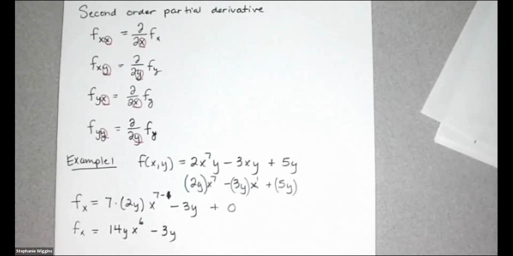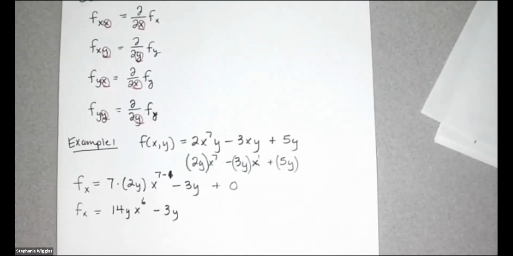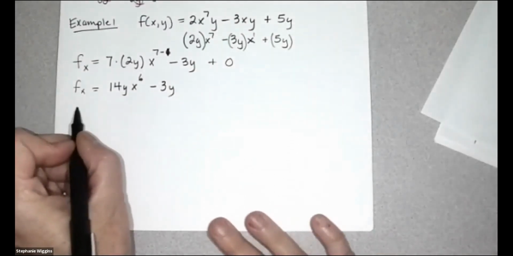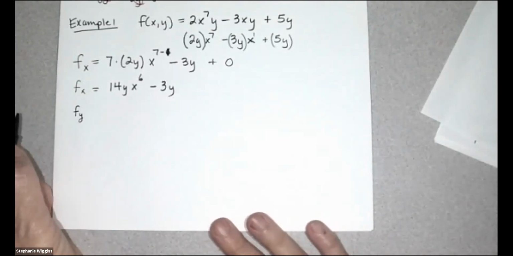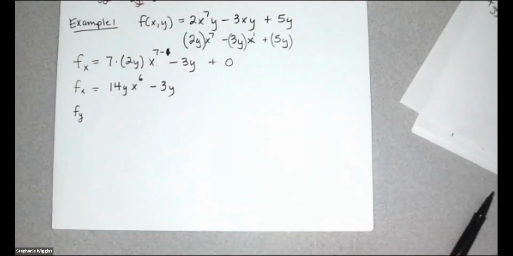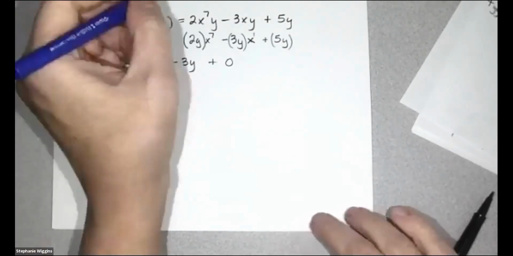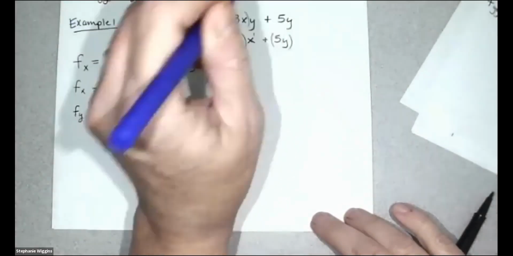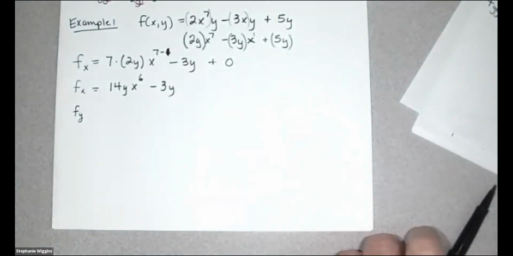Okay? Now, let's do the same thing. We're going to find now fy. So this time, x is being treated as a constant. So I'm going to put parentheses around these and treat them as constant.